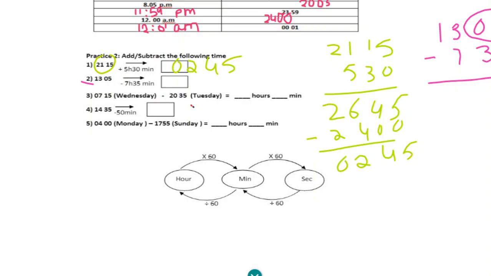So instead of writing 13:05, I can write 12 hours and 65 minutes. Give 1 hour from 13 to the 5 minutes. Now we can easily subtract this and we are left with 0530 in 24-hour clock.